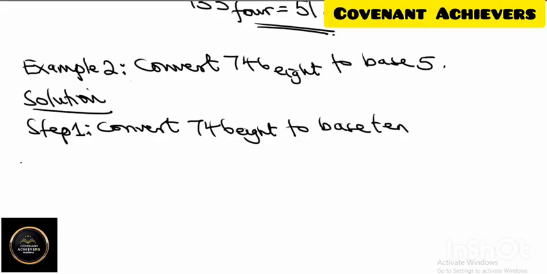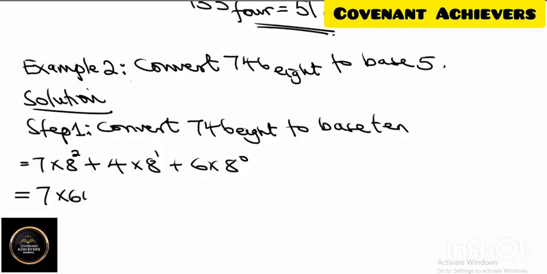So that's going to be 7 times 8 squared plus 4 times 8 to the power 1 plus 6 times 8 to the power 0. You have the powers 0, 1, and then 2. So it's going to be 7 times 64 plus 4 times 8, then plus 6 times 1.